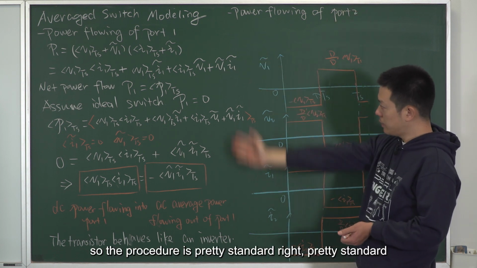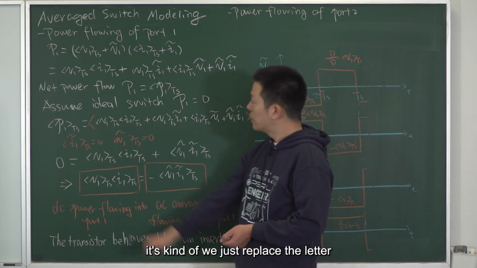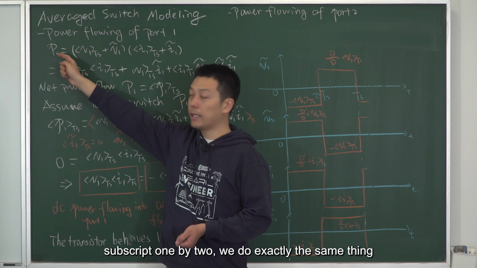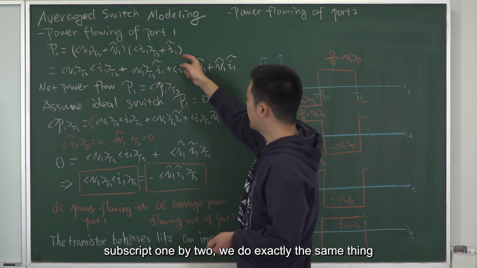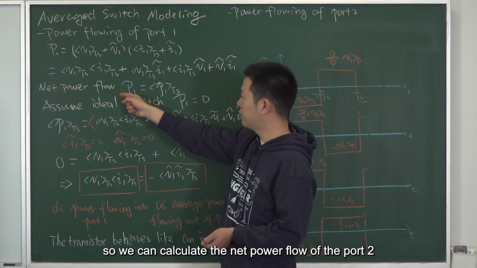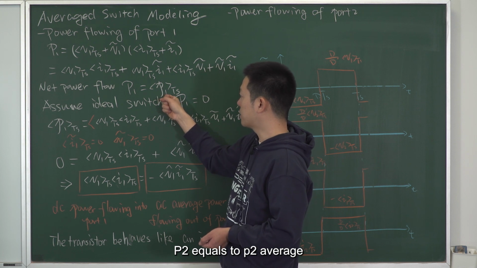The procedure is pretty standard. We just replace the subscript 1 by 2 and do exactly the same thing. So we can calculate the net power flow of port 2. P2 equals to P2 average.